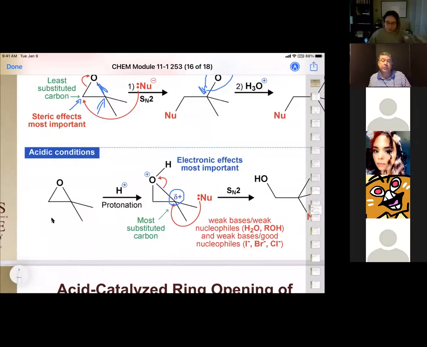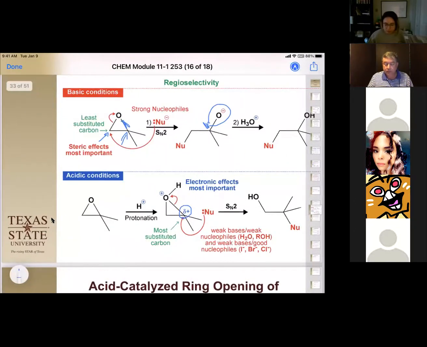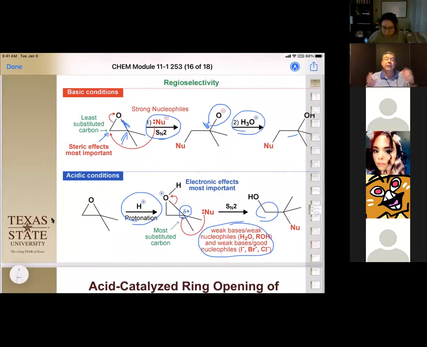So if we have a weak nucleophile in an acidic solution, we're actually going to have the alcohol on the least substituted side. Knowing what you have in your system, if it's a strong nucleophile with the water at the end, you're going to get the least substituted system. If we're doing an acid with a weak nucleophile, we're going to end up with the least substituted alcohol.